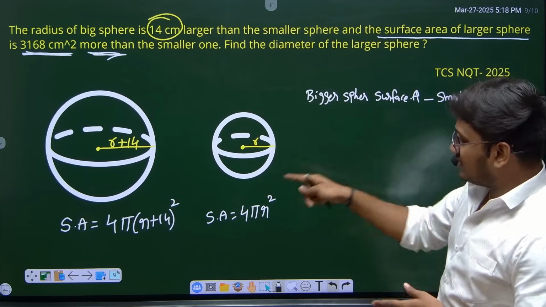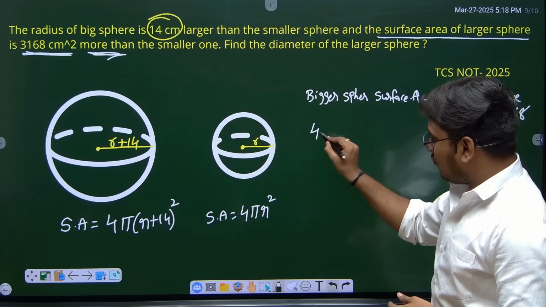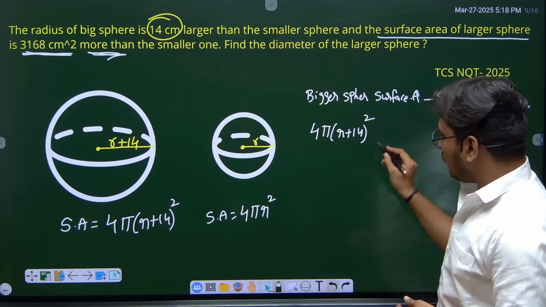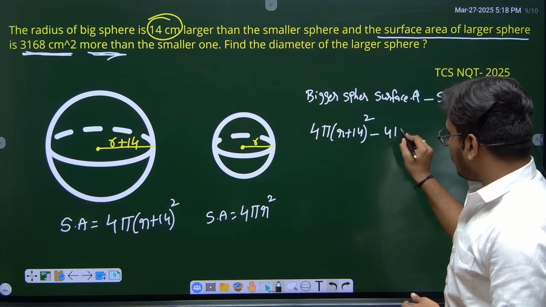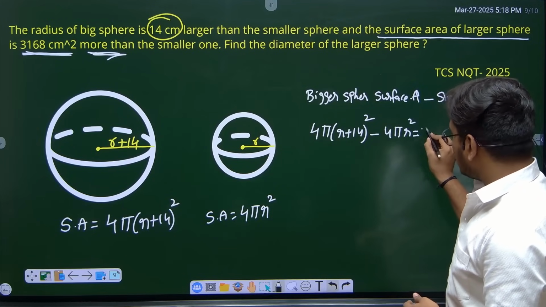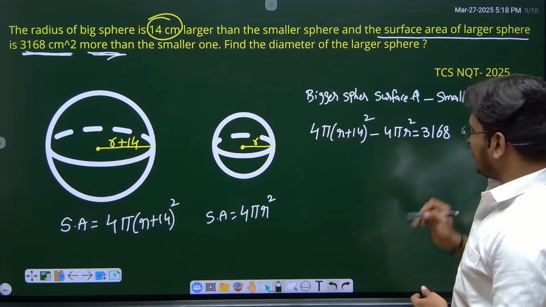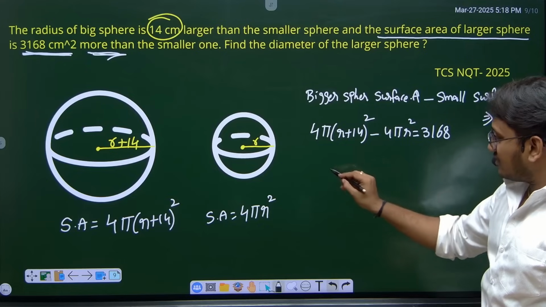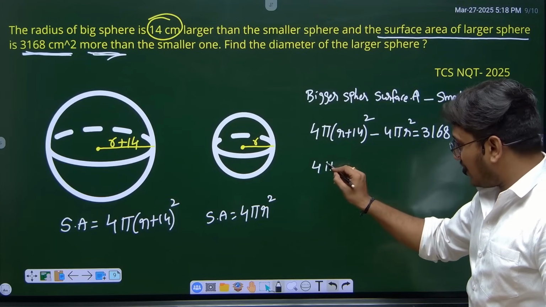Now I'm just writing the formulas: 4 pi times r plus 14 whole square minus 4 pi r square is equal to 3168 centimeters square. Out of this entire equation, I'm just taking 4 pi outside.